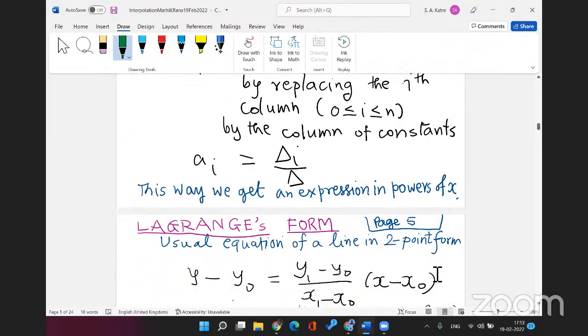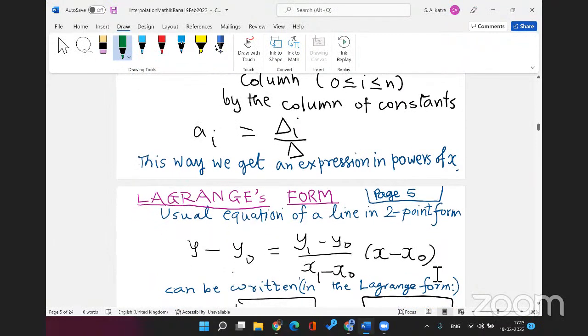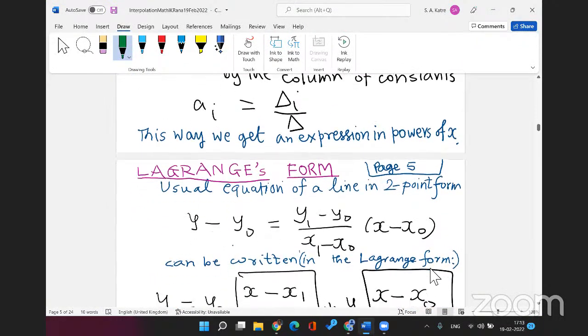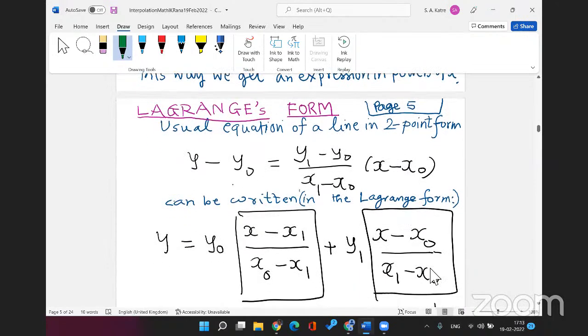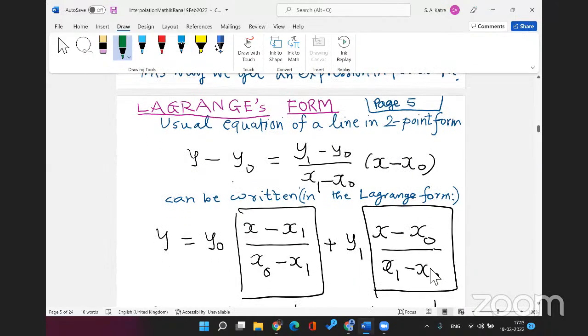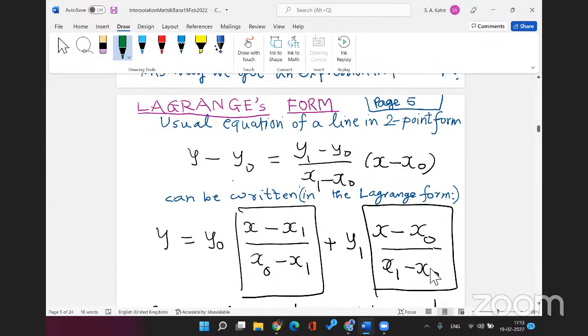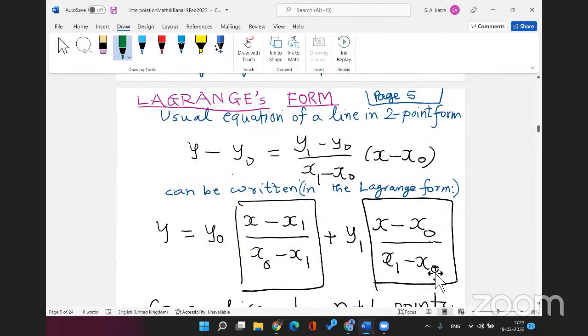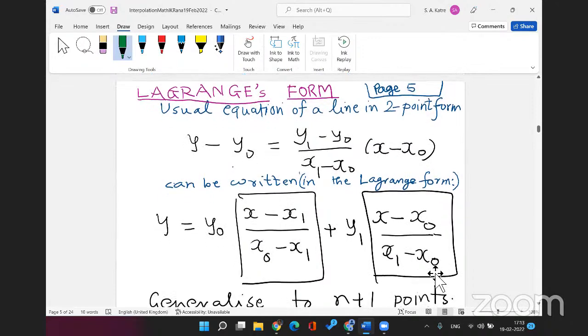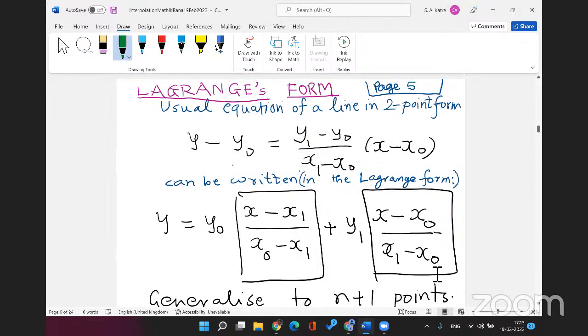But Lagrange thought of a different way. So Lagrange's form. Let us first of all write the equation of a straight line, given 2 points on it, in the Lagrange's form. So y minus y naught equal to y1 minus y naught upon x1 minus x naught into x minus x naught.